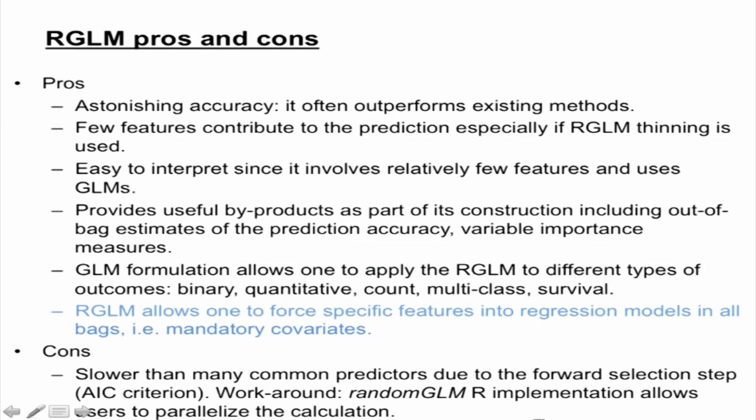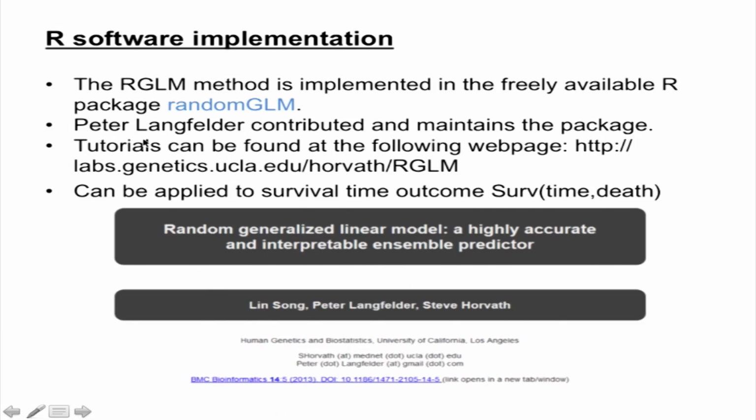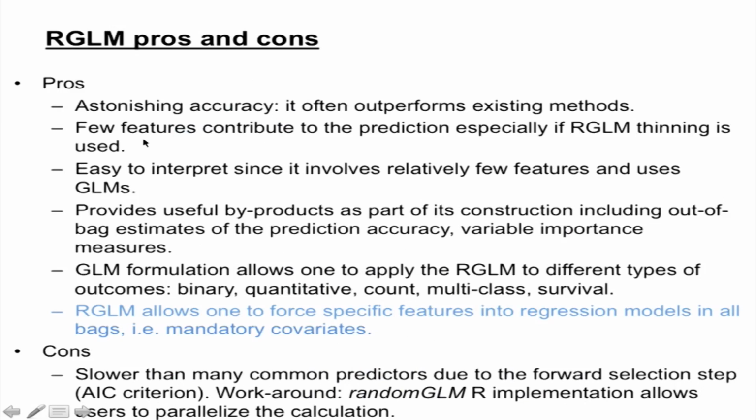So, RGLM pros and cons. Pros: astonishing accuracy. It often outperforms existing methods. And the other pro is that few features contribute to the prediction, especially if you use this thinning idea. It's also easily interpretable since it involves relatively few features, and it provides very useful byproducts, for example, these out-of-bag estimates of the prediction accuracy.